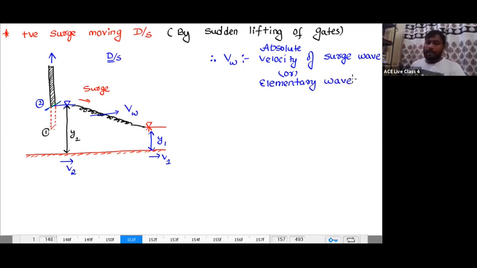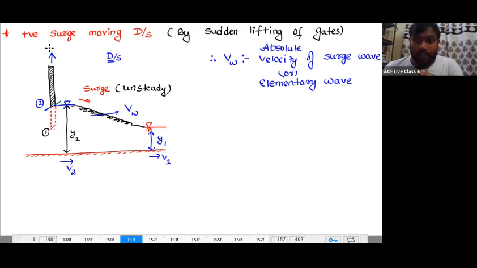Okay. Now, repeating the point again. Once the surge comes, is it steady or unsteady? Once the surge comes, the flow is going to be unsteady. Initially, before lifting the gate, is it steady or unsteady?